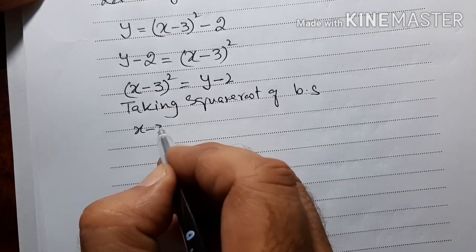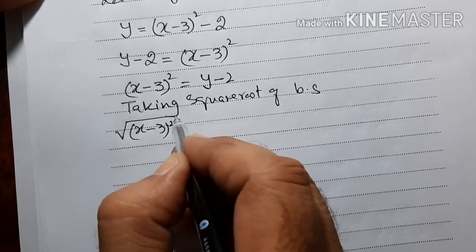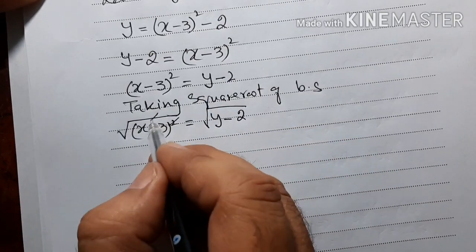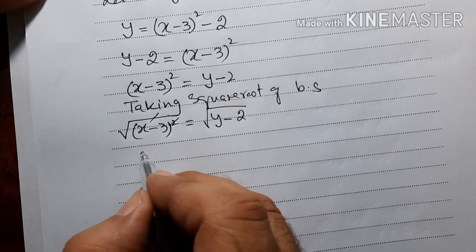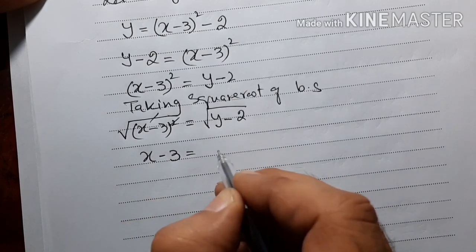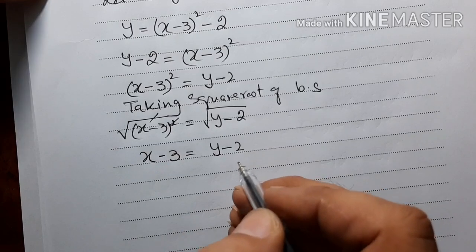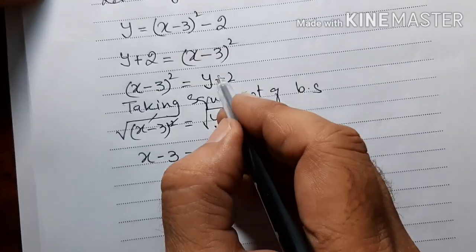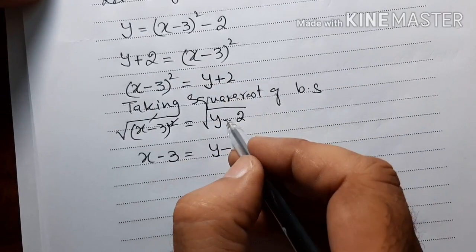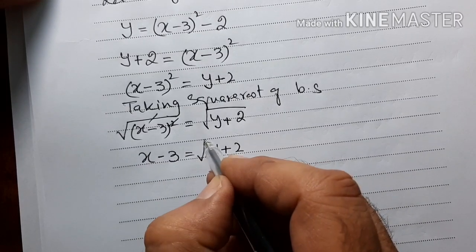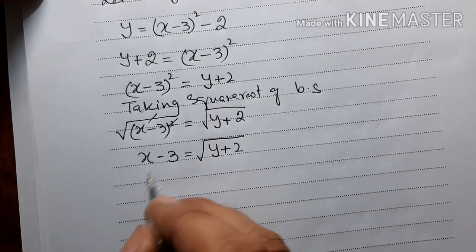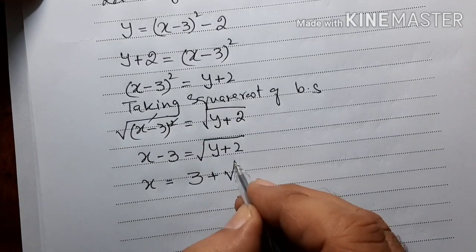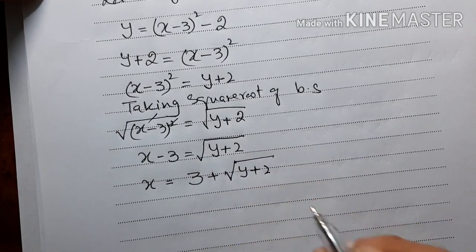So the square root of (x − 3)² is equal to the square root of y + 2. The square and square root cancel each other. It will become x − 3 is equal to the square root of y + 2, positive, because x is greater than 4 so x − 3 is positive. And take 3 to the other side as well. So x is equal to 3 plus the square root of y + 2.